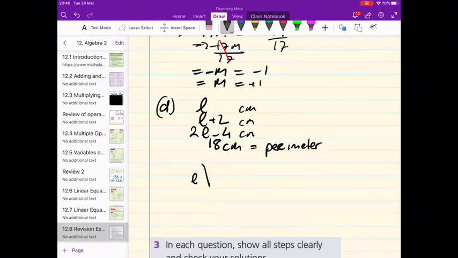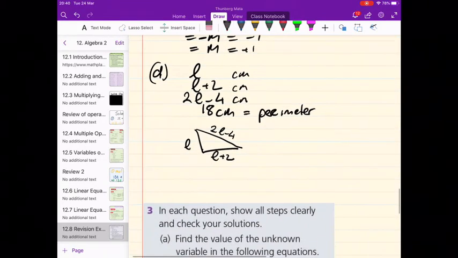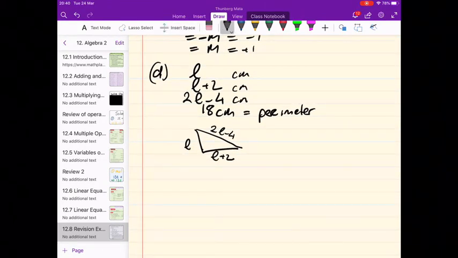So if we think about our triangle, imagine it looks something like this. So this could be the side L, that could be the side L plus 2, and that could be the side 2L minus 4. Well, the perimeter of any shape is the length of all its sides added together.